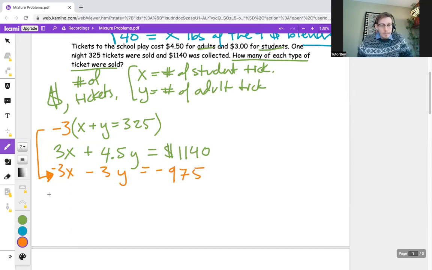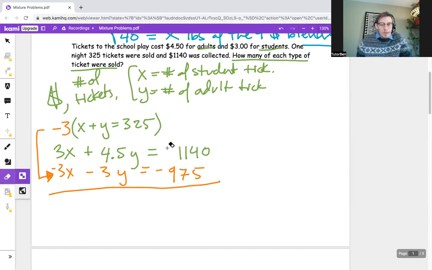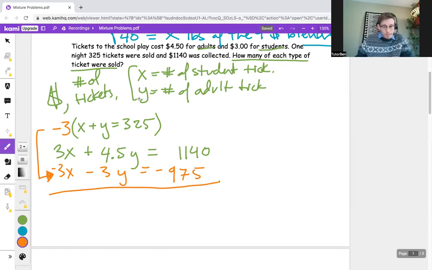All right. So let's not think about the units too much right now. The reason why we multiply by this -3 is so that the 3x minus 3x cancels out.